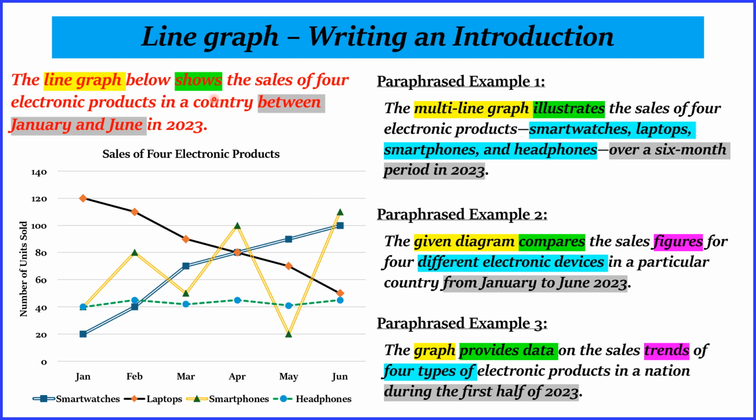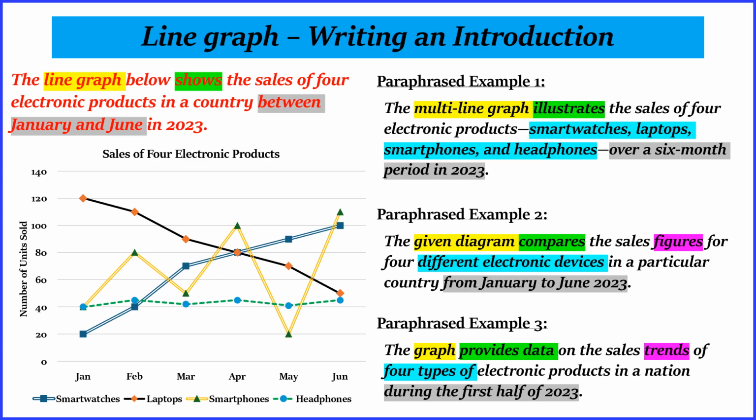Similarly, green color is used to highlight the word shows in the question. It is replaced with alternatives like illustrates, compares, and provides data, all of which are colored green.